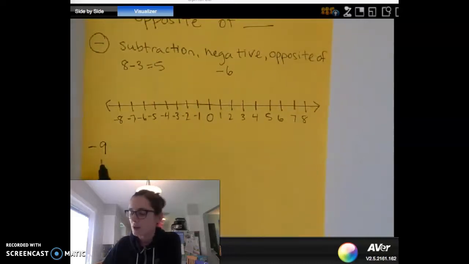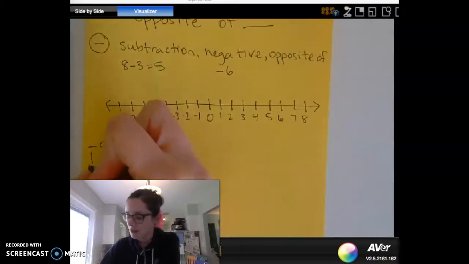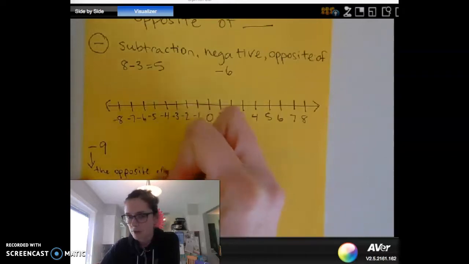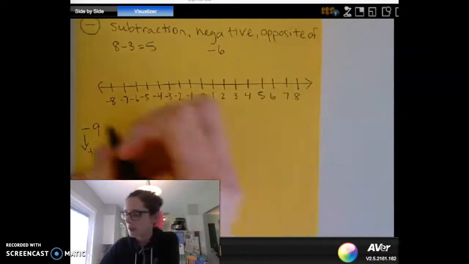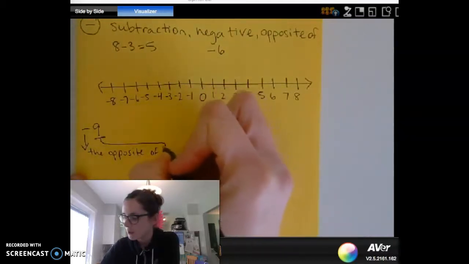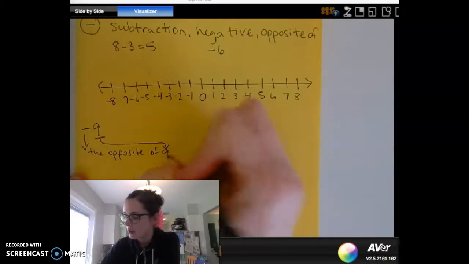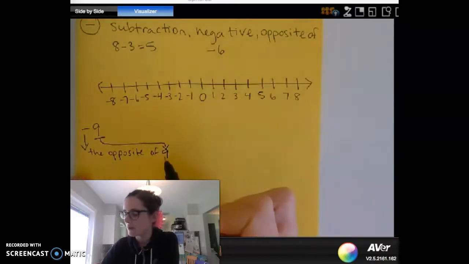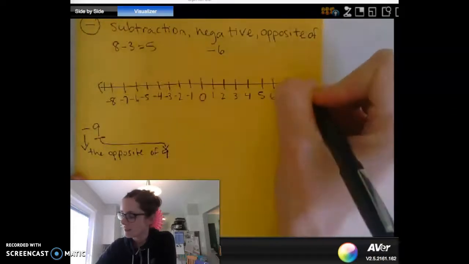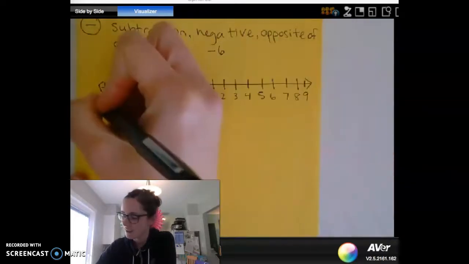This symbol means the opposite of, and this part right here is my number, and that's going to go right there. So the opposite of 9.